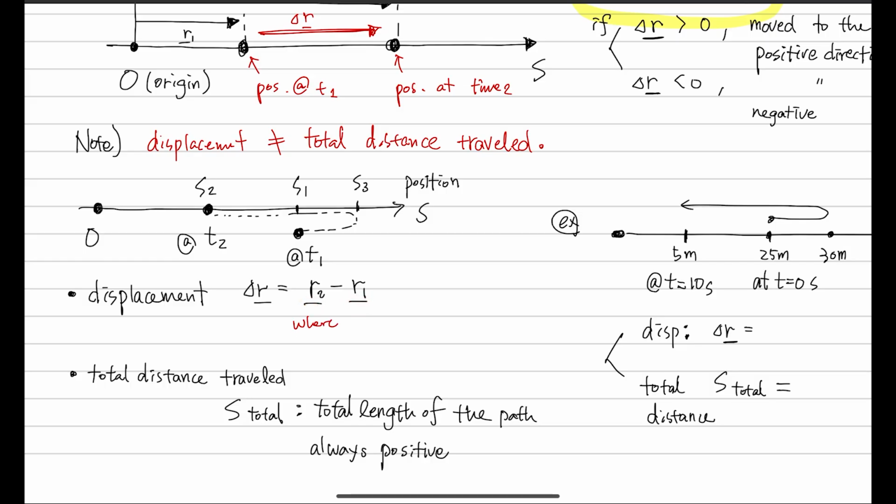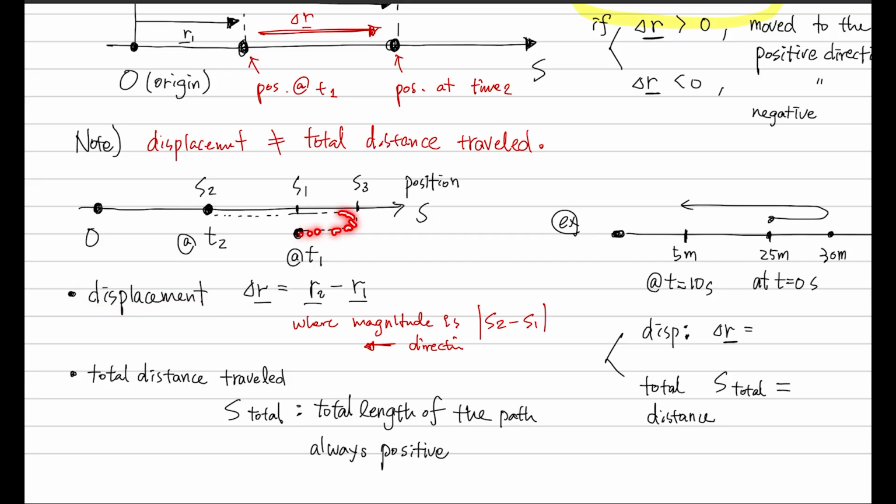Where the magnitude is nothing but S2 minus S1, and it has a direction going to the left. Basically, it's this, right? So that's the displacement.